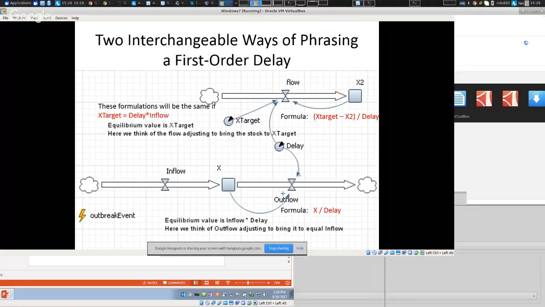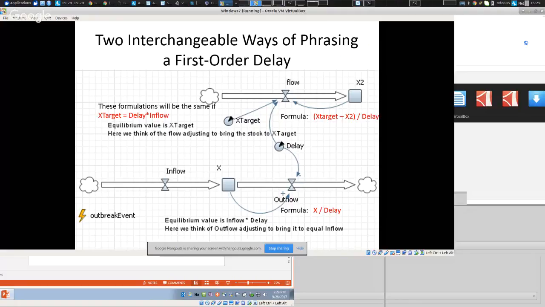What will happen as a result? This is when X target, ladies and gentlemen, is much smaller than X2. So what will X2 do as a result of having very quick draining of it? Its value will go down towards the target, right? So it will chase the target.